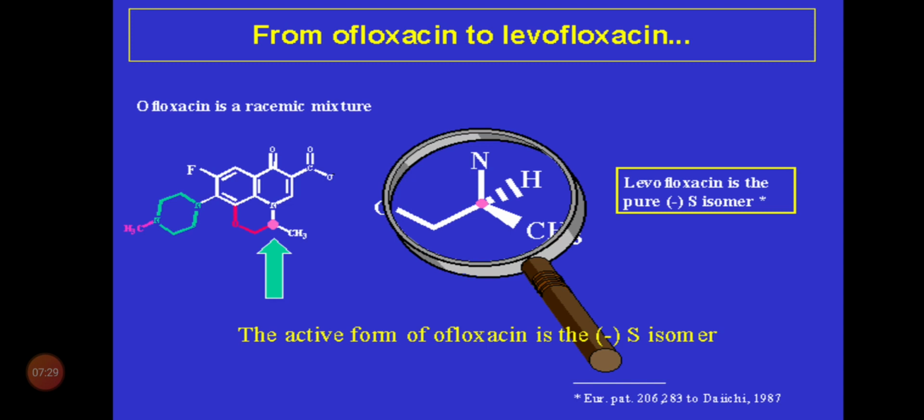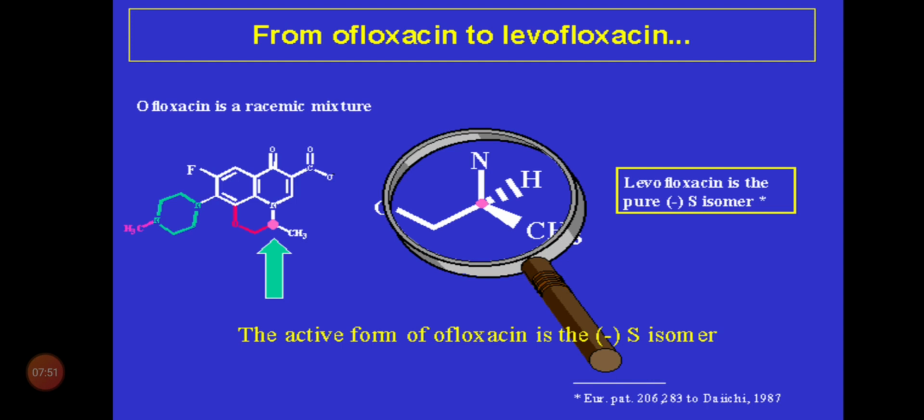The next example is levofloxacin from ofloxacin. Ofloxacin is a racemic mixture. If you separate the S isomer of ofloxacin, then you get levofloxacin as a drug.